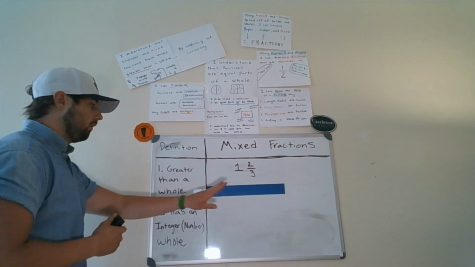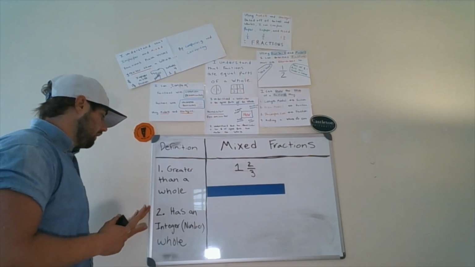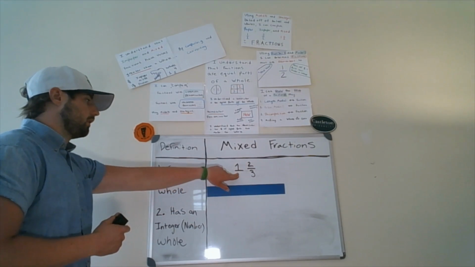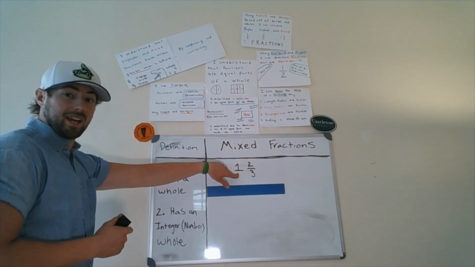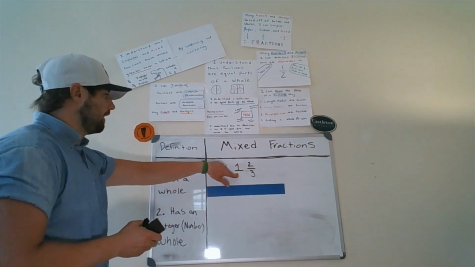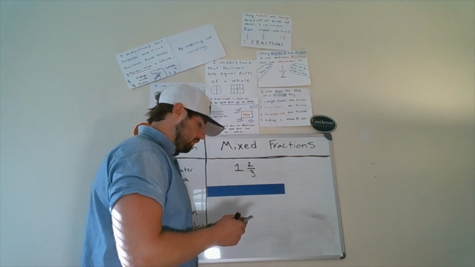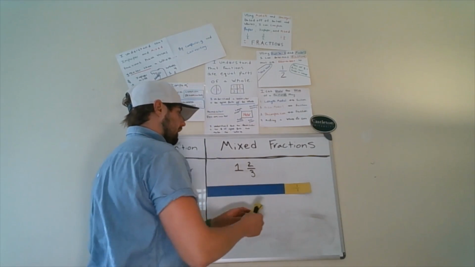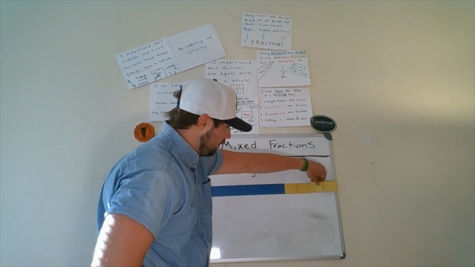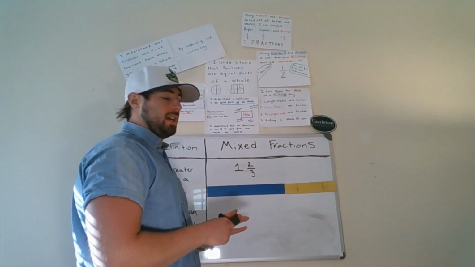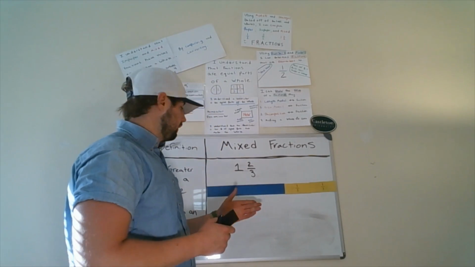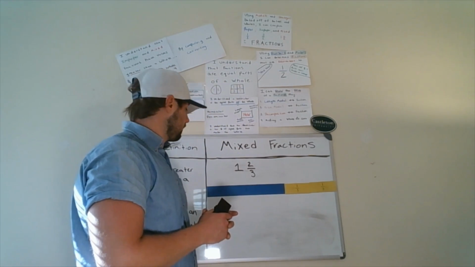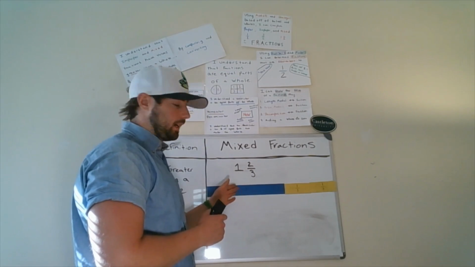Greater than a whole has an integer, a number mixed with it. So, 1 and 2/3 represented with our trusty measure magnets, fraction magnets.